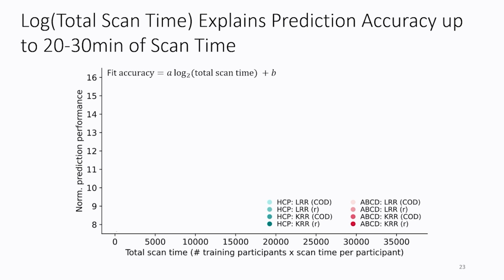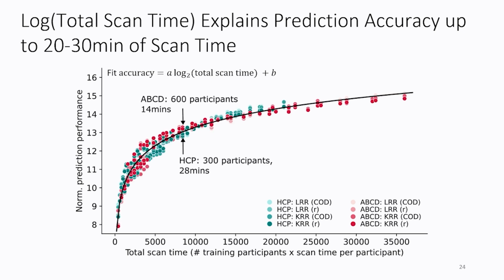We compared linear ridge regression, kernel ridge regression, Pearson's R, and coefficient of determination, COD. What we can see is that across data sets, across regression algorithms, and across accuracy metrics, total scan time can explain prediction accuracy pretty well. We see this by how well these points fit to the logarithm curve shown in black over here.